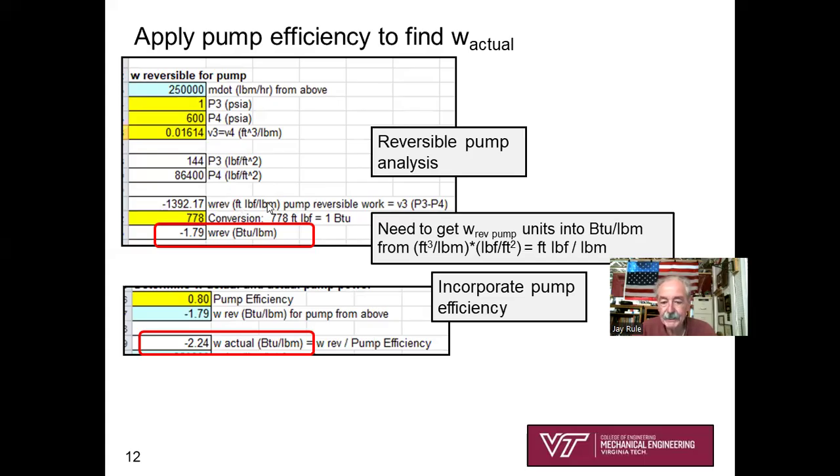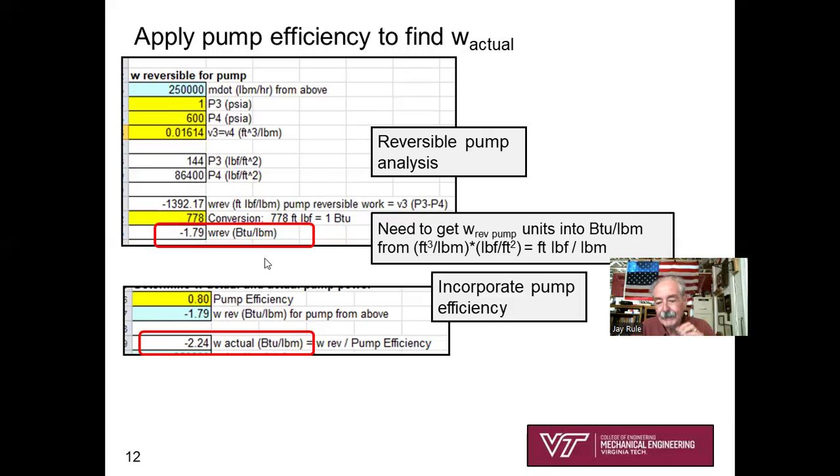I've got to get into BTUs per pound, so I'm going to look up or remember my conversion. There's 778 foot-pounds force in 1 BTU, so I'm going to take this number divided by 778 to get the reversible work is negative 1.79 BTUs per pound mass. A pretty small number, right?